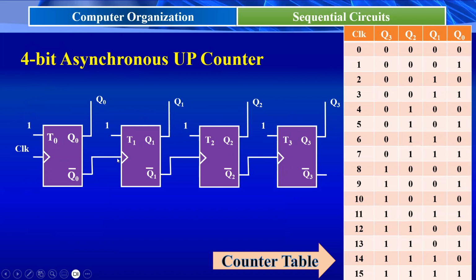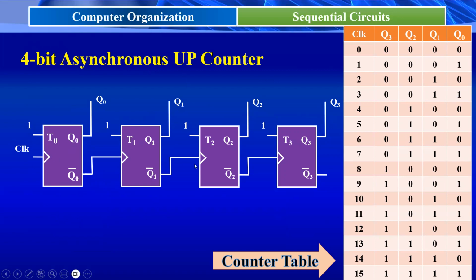So here, for these 4 flip-flops, I am connecting the T input to logic 1. And in this asynchronous counter, the clock pulse is not applied simultaneously to all the flip-flops. From the clock source, the clock is applied only to the least significant flip-flop. For higher order flip-flops, we apply the clock pulse from the previous stage, either the Q output or the Q bar output.